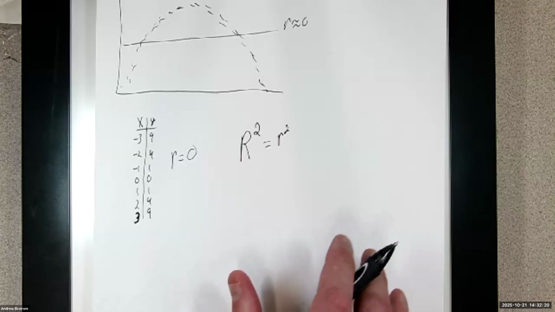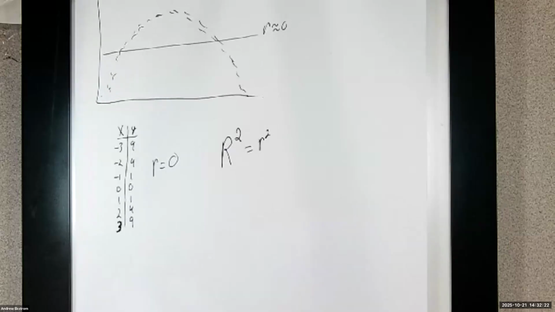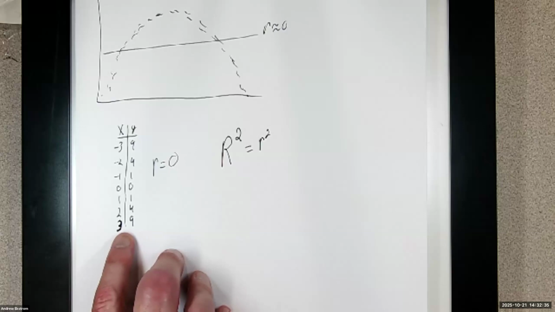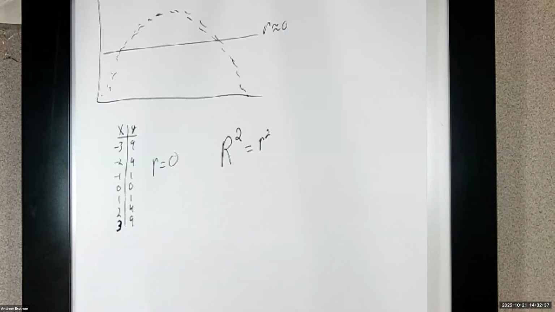So when we put our data into whatever program it is, we can model it, we can make all sorts of different plots, and we can check all of our different assumptions.